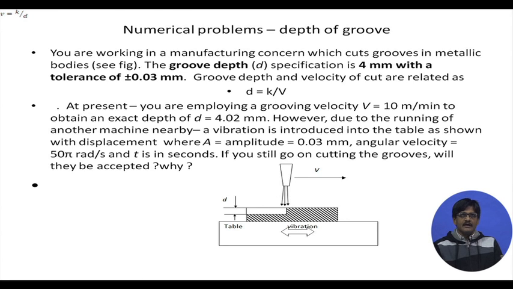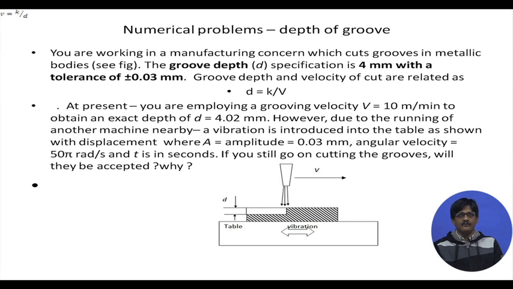What is stated is that the groove depth d, as shown in the figure, is specified as 4 millimeters deep with a tolerance of plus minus 0.03 millimeters. So, it can have a maximum depth of 4.03 or a minimum depth of 3.97.